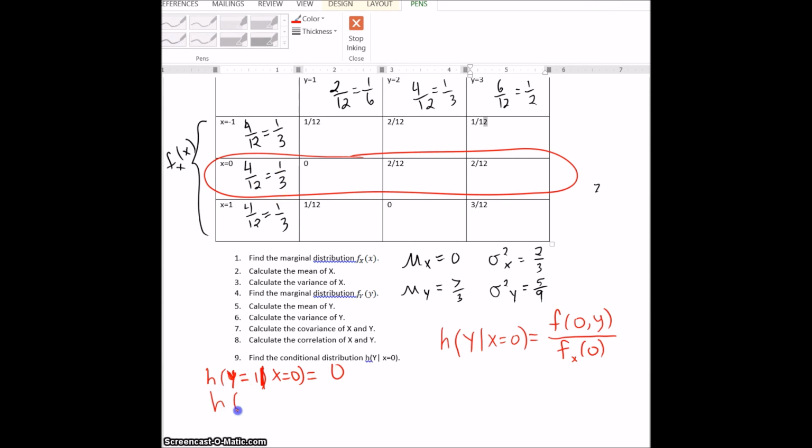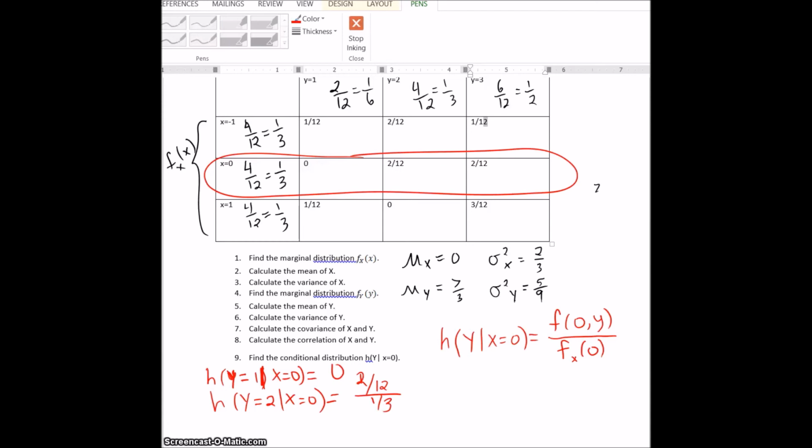The conditional probability that y is equal to 2, given that x is equal to 0, is a 2 out of 12 chance that I have x equals 0 and y equals 2, divided by a 1/3 chance that x is equal to 0.